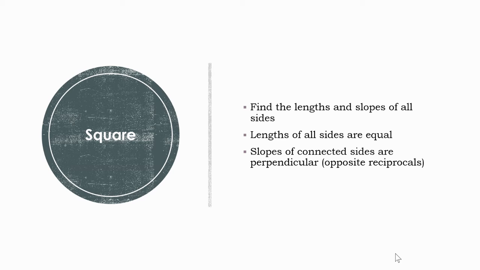That means you'll be doing some distance formula and some slope calculation. Then you look to see, after the distance formula, are all the sides equal? And are the slopes of the connected sides perpendicular, meaning are they opposite reciprocals?